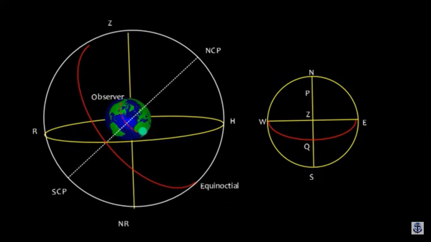And this equator and the projection of the equator is called the equinoctial. Equinoctial is represented as an arc. So this is the equinoctial red arc, WQE. QZ is your latitude, and since the body is north of the equator, it is north latitude, and equator to pole is 90 degrees.